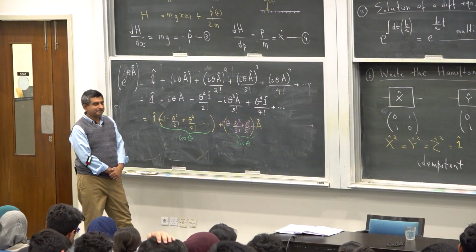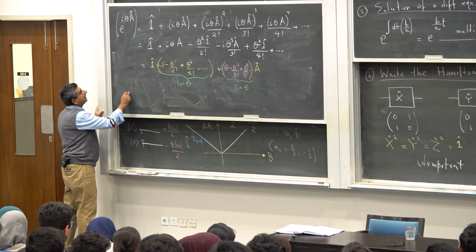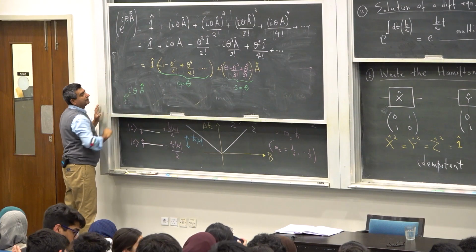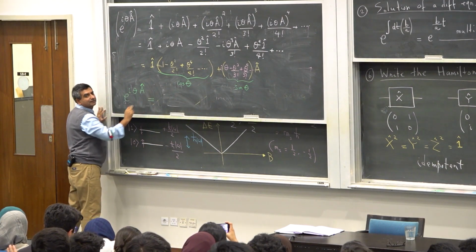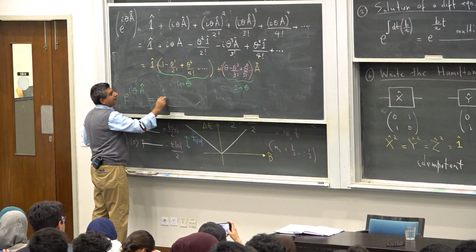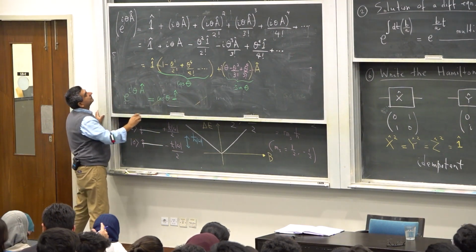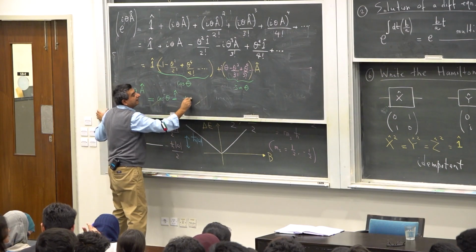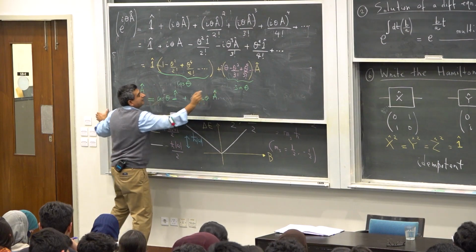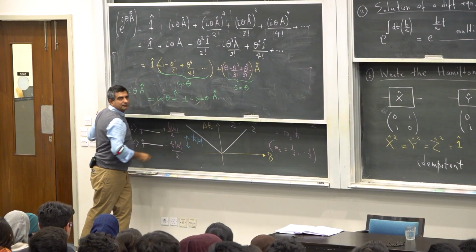Therefore, e raised to i theta A equals cosine theta identity plus i sine theta A. And if there is a minus sign here, a minus sign will appear here.